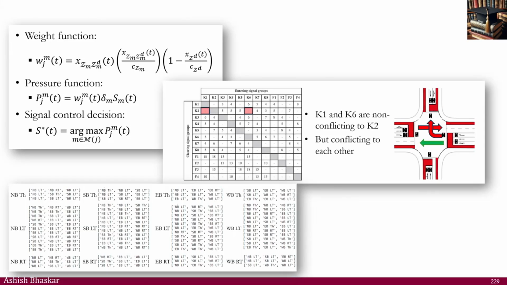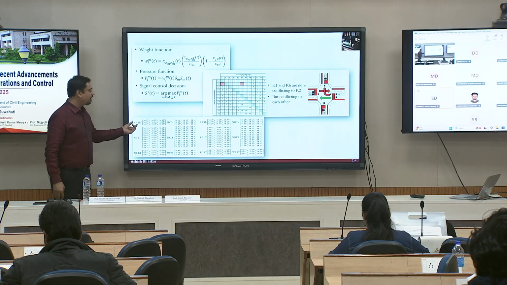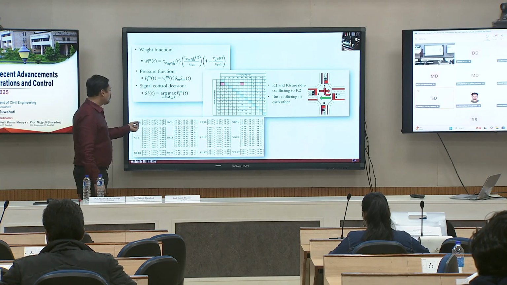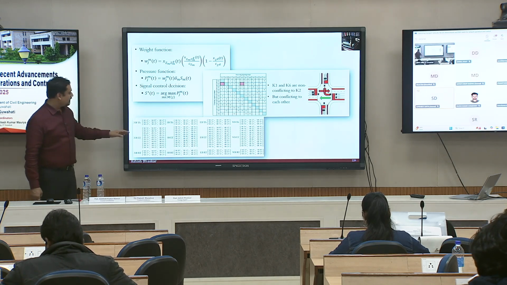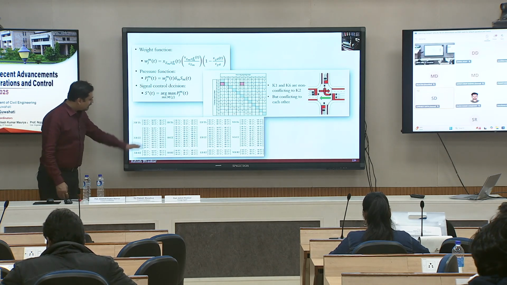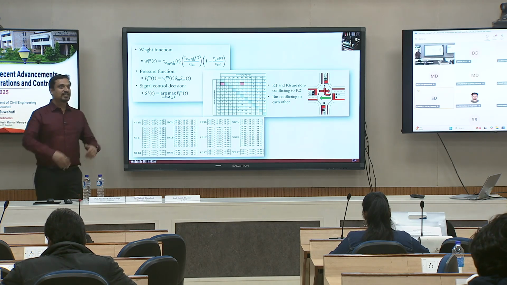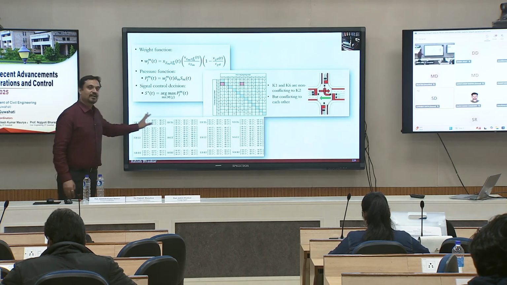So he has some control logic to make a selection. Just imagine here he has a logic to make a selection. What he has done is, for each movement, he has defined all the possible compatible movements with it, right? If I have selected northbound through, I can select any of these three. If I have selected northbound left, I can select any of the other ones. So he has done that selection. So he has that with him, right?